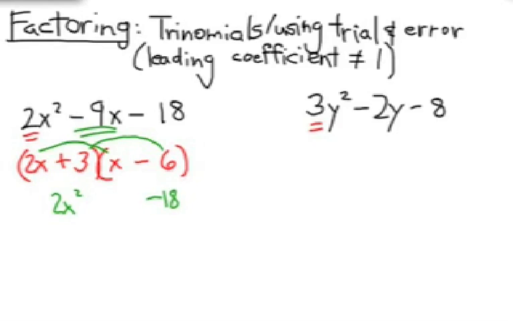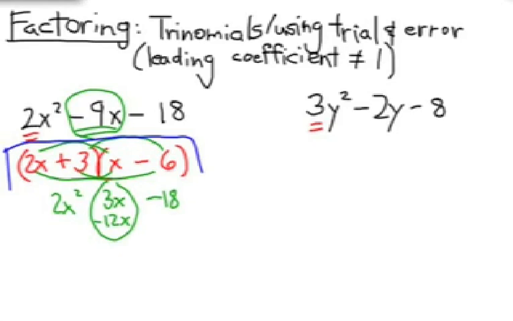So far, so good. The inside numbers, 3 times x, is a positive 3x. The outside numbers, 2x times negative 6, negative 12x. Does that give me the proper middle term? Yes. So there's my answer. Final answer. Binomial 2x plus 3, x minus 6.